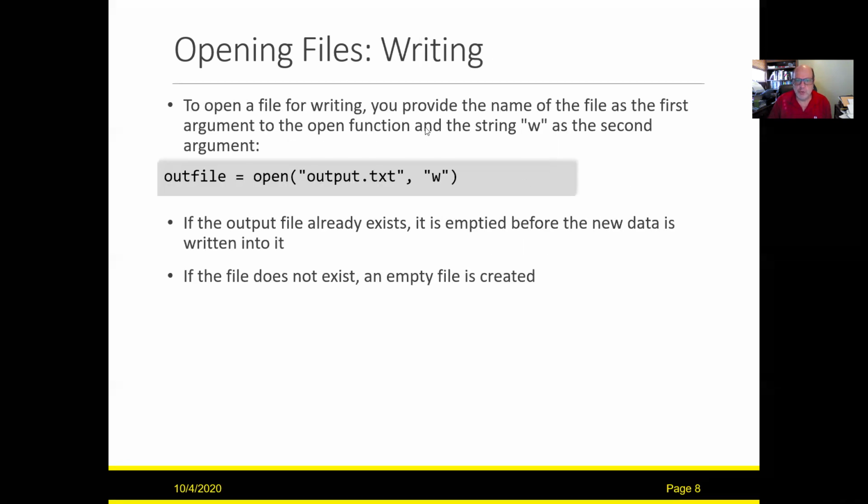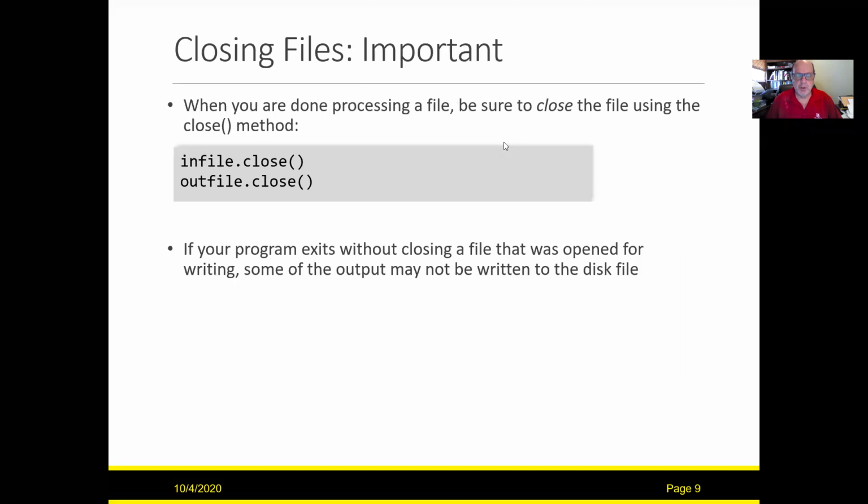When we want to write, we're going to use W. So we're going to have open with the W for writing. When we're done with the files, we should close them. When the program is done, usually Python's garbage collector goes out there and does some stuff for us.